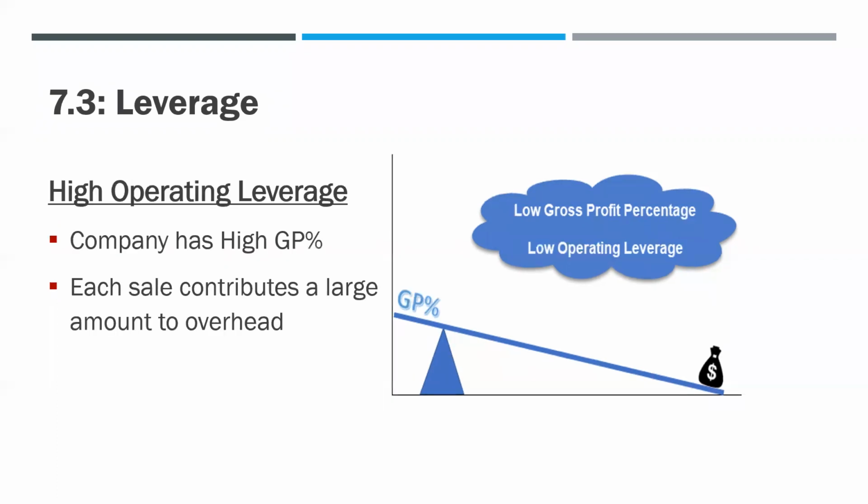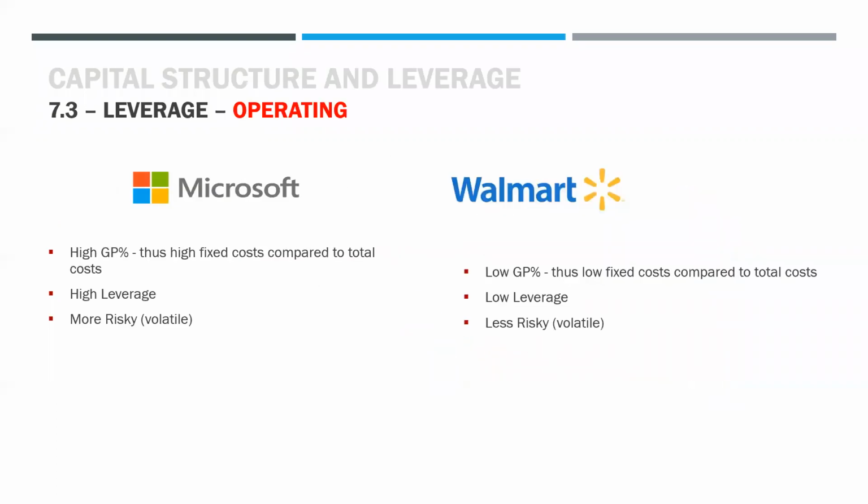So the 2 examples that are basically given to show the difference between high versus low gross profit are Microsoft versus Walmart. Walmart doesn't make a whole lot of money selling something like Halloween decorations, but if they sell a lot of them, then that little bit can keep adding up.